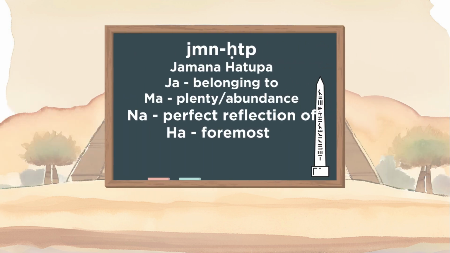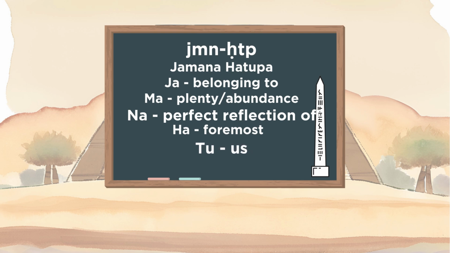Ha is a synonym for foremost, and this is the same ha sound found in Hanna, which is unfortunately mistranslated to mean Ham. It's actually Hanna, which means majesty. Tu is a synonym for us or we.